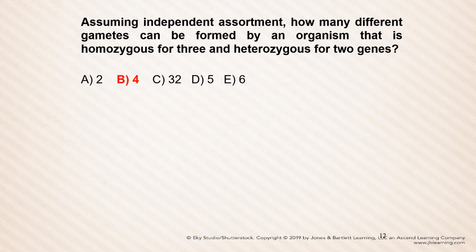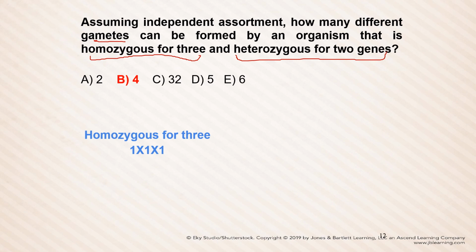Let's try to do it. So here you have to find gametes, and you have how many homozygous? You have 3, and you have 2 genes that are heterozygous. So here you find the 3 homozygous. You have to multiply by 1, and when it's heterozygous, you can multiply by 2.